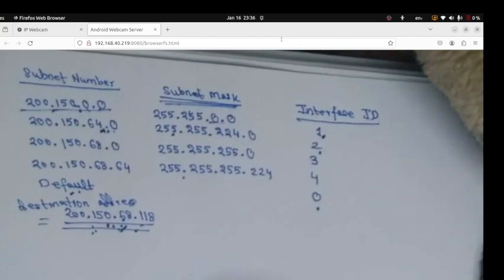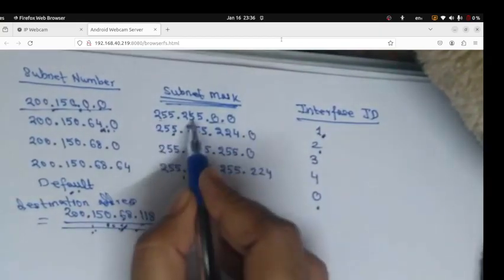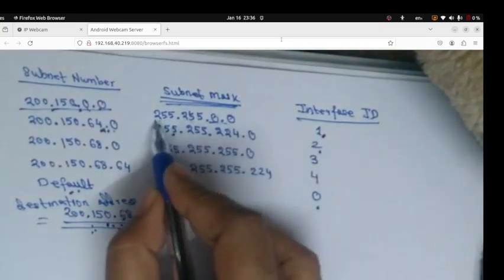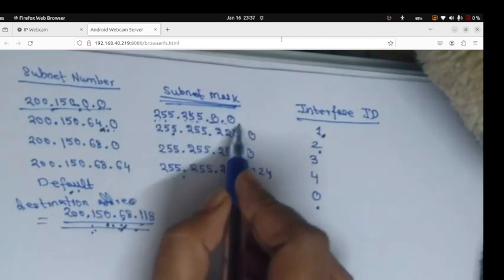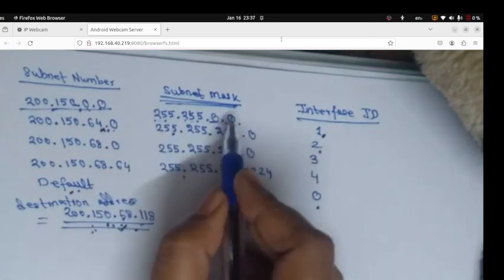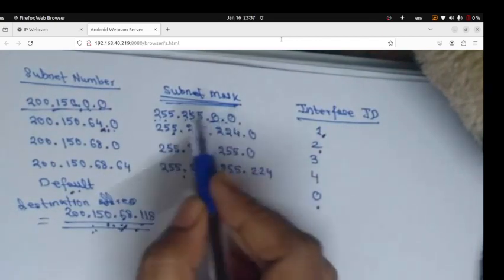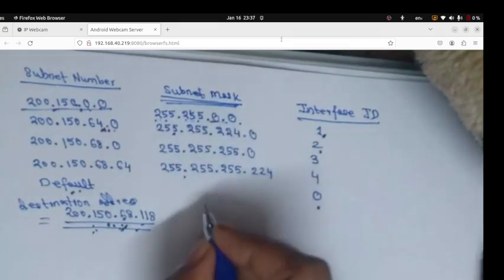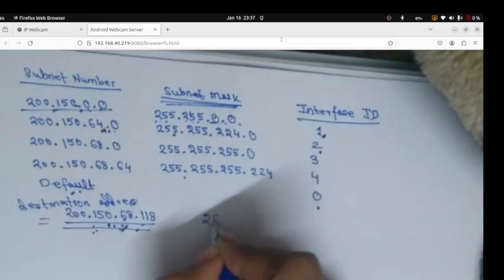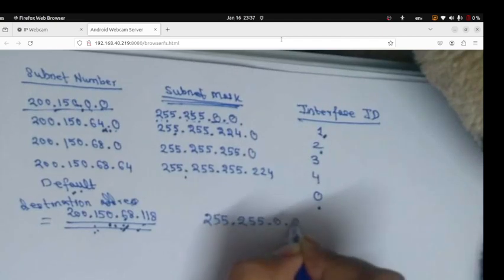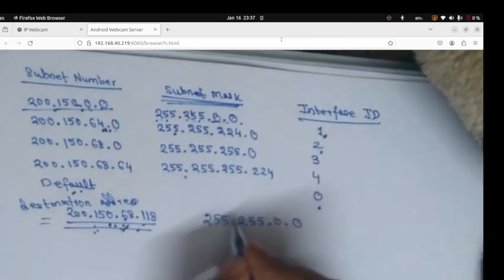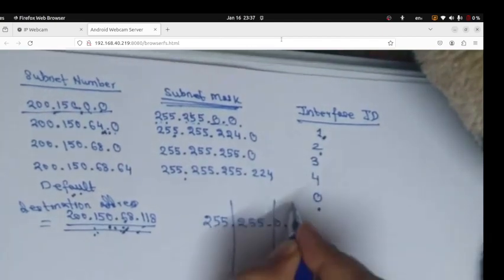Okay, now here the subnet mask is 255.255.0.0. Like an IP address, it is also a 32-bit number written in dotted decimal notation. Each octet is 8 bits.